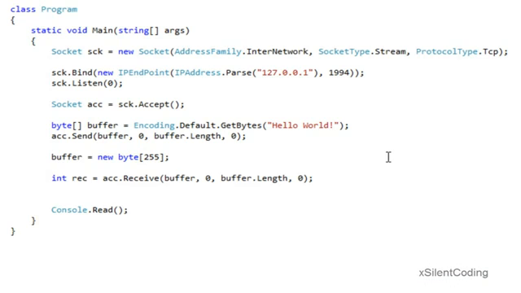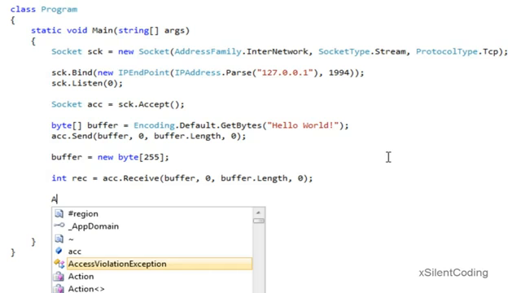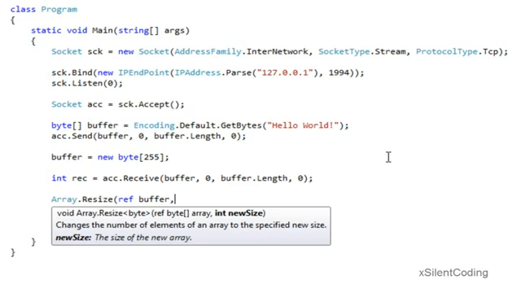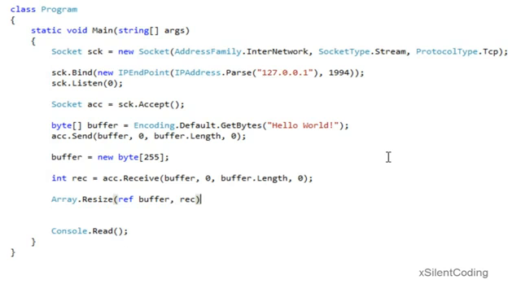So after we receive the data, you can either do this manually or you can use Array.Resize, which is what we'll do for now. Ref our buffer, and the new size, which is res. So if our buffer size is 255, and we resize it to what we actually received, for example 20 bytes, then it'll be resized down to 20 bytes.